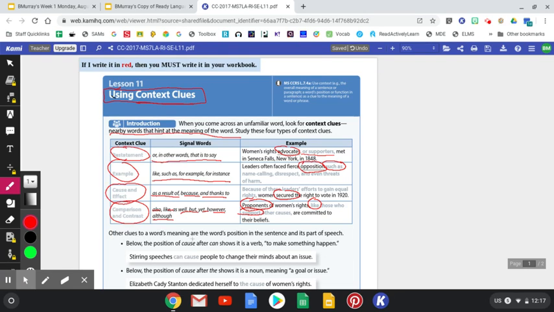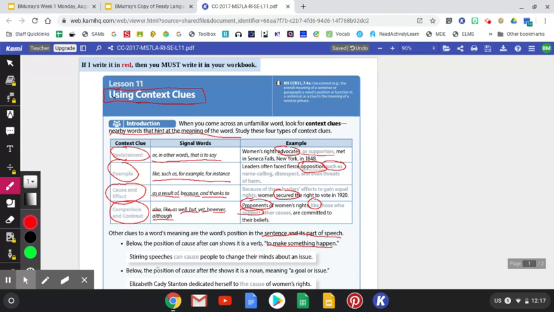Other clues to a word's meaning are the word's position in the sentence and its part of speech. That's a huge deal, guys. All right. So below, the position of cause, such as stirring speeches can cause people to change their minds about an issue. Cause here is a verb, so it says to make something happen.